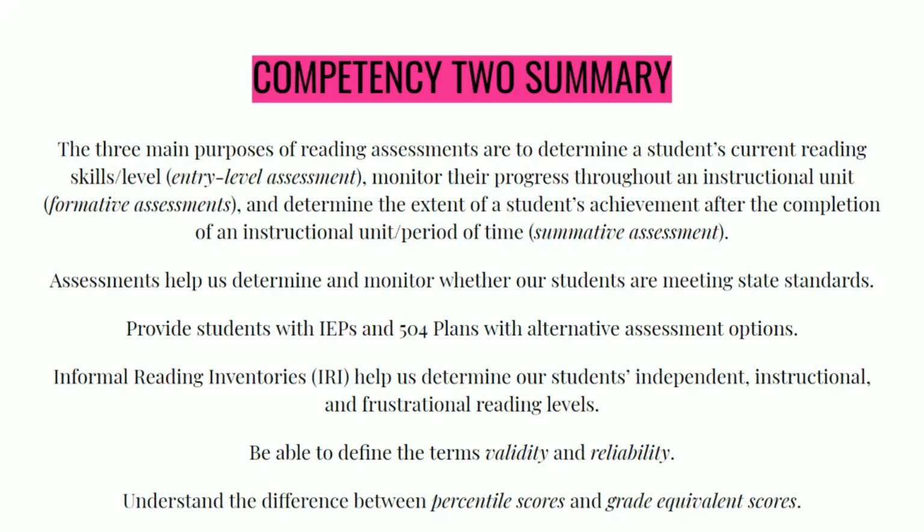Finally, understand the difference between percentile scores and grade equivalent scores and how you would interpret them. So percentile scores are percent-based, and a score of 50% is considered average. Grade equivalent scores are based around the student's grade level. For example, if a student is in 3rd grade, then a score of 3.0 would be considered average for a 3rd grader. Overall, you need to fully understand and study these areas of competency too.